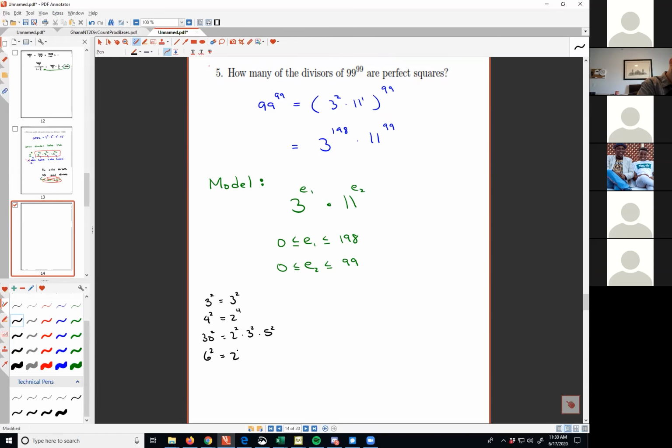Well, so far from what you're writing, we can see that the exponents are all even. Good. How do we know that that's necessarily going to be the case? Well, we know that's going to be the case because of the fact that they're perfect squares. What about perfect squares? Somebody.